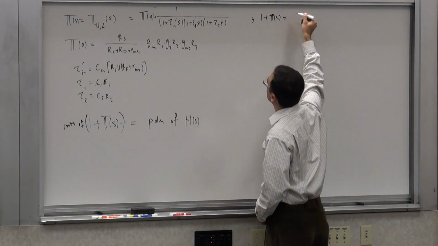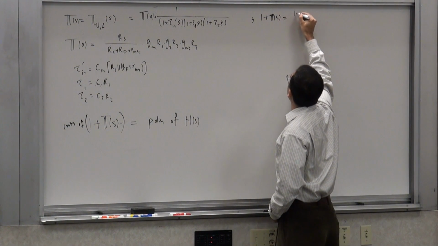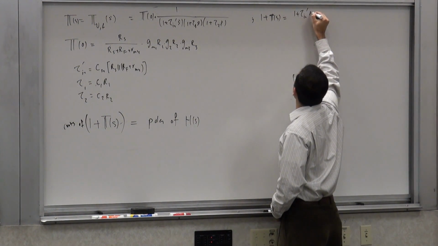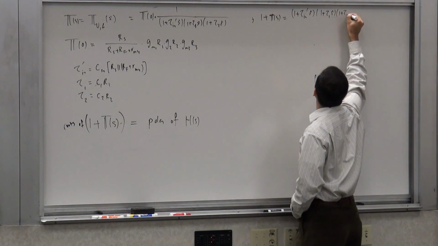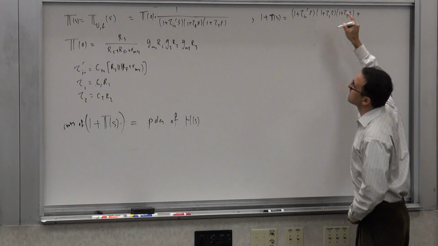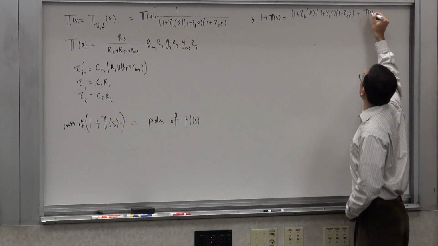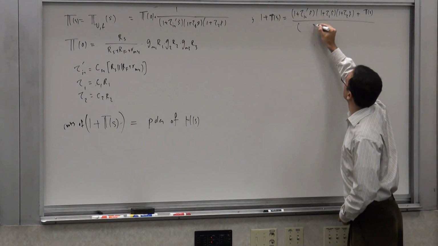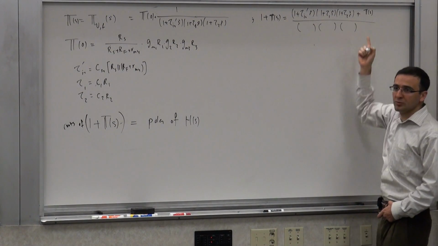has a numerator which is basically (1 plus tau in prime s)(1 plus tau 1 s)(1 plus tau 2 s) plus T0, exactly, divided by these three. I want to determine the roots of this, which are basically the roots of the numerator.